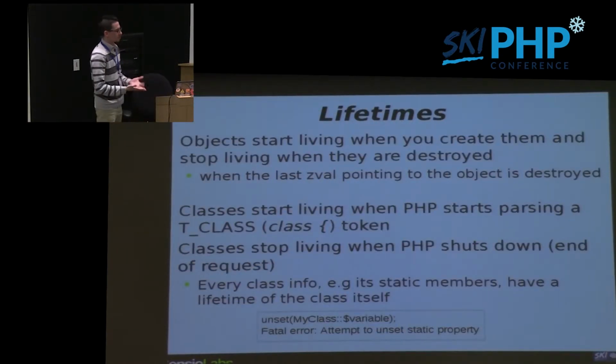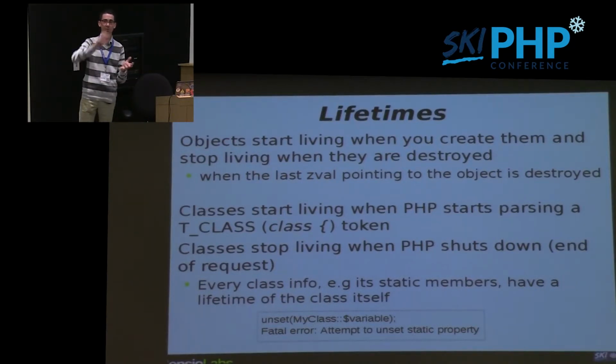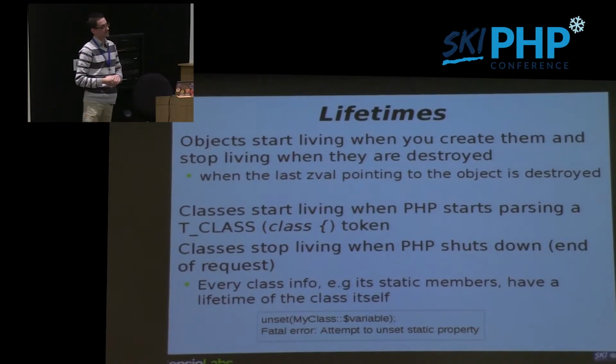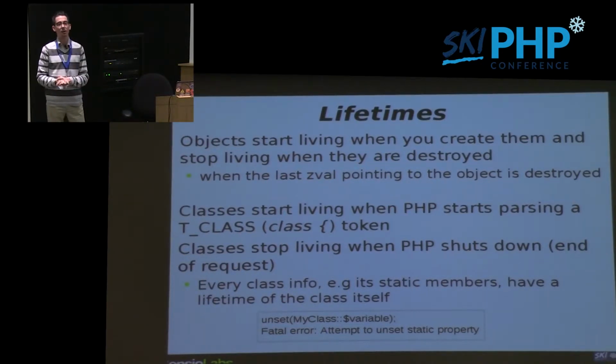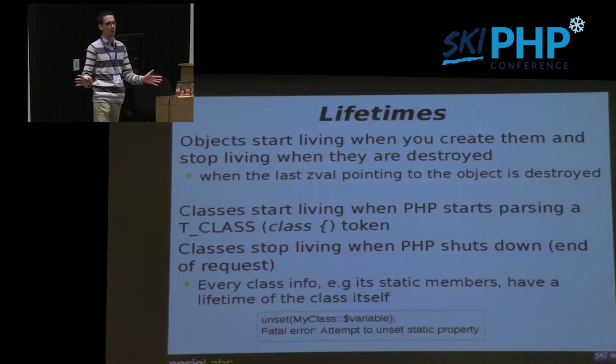So, lifetimes. Objects start living when you create them and stop living when they are destroyed. To destroy them, you have to destroy all the zvals pointing to those objects. Classes start living when PHP starts parsing a T_CLASS token, so this is "class something". Classes stop living when PHP shuts down. So when you compile a class in PHP and you run PHP with a while true, for example, the class will never get freed from memory. It's freed when PHP shuts down, when you have nothing more to do.